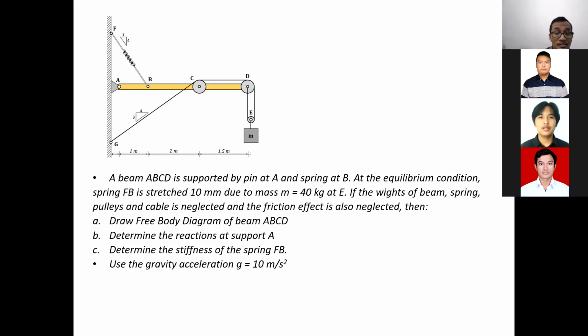Actually, the first thing we're supposed to do is draw the free body diagram. After that, we can find the reaction at support A, then the force at point B due to the spring, and after that, we can find the stiffness. But before that, we have to draw the free body diagram, right?